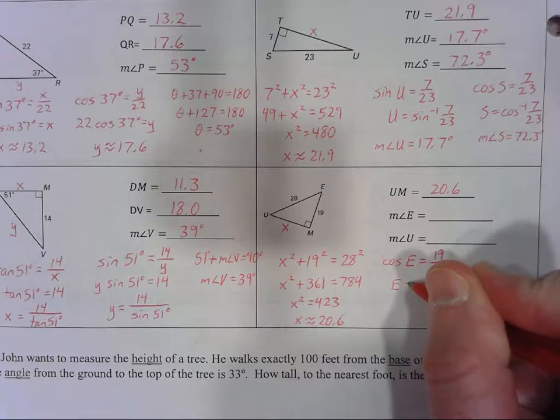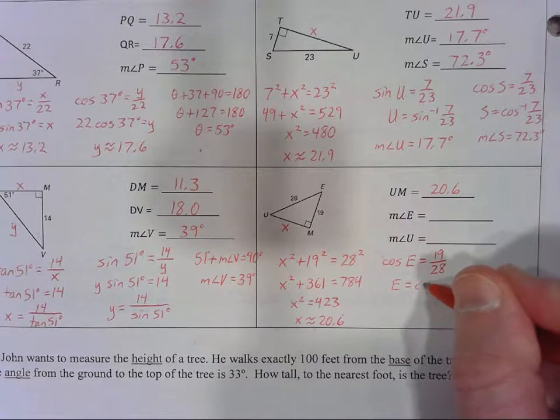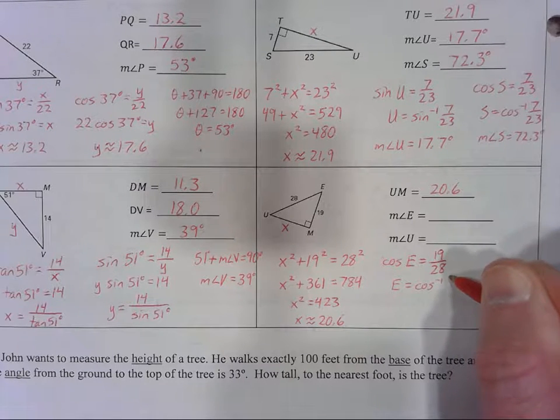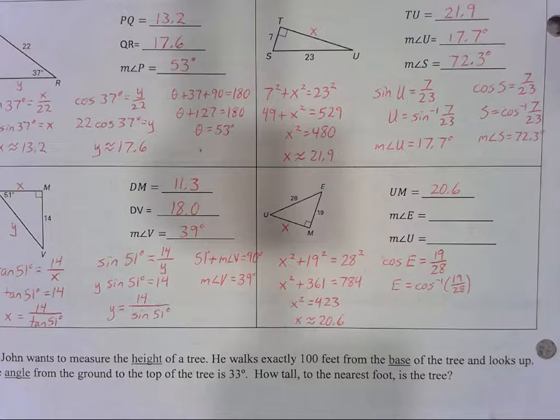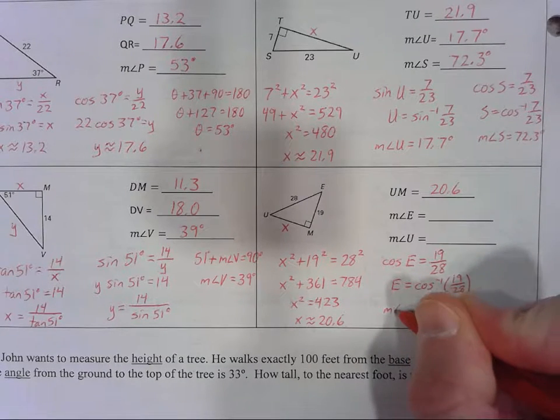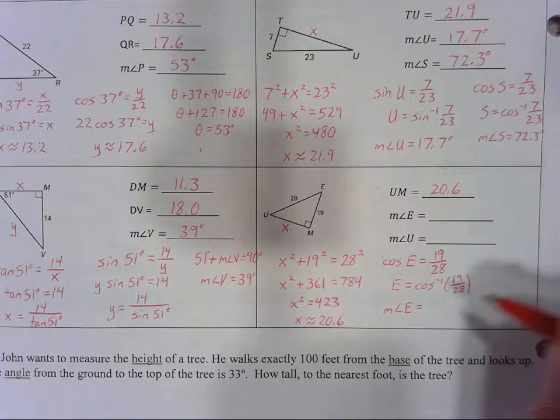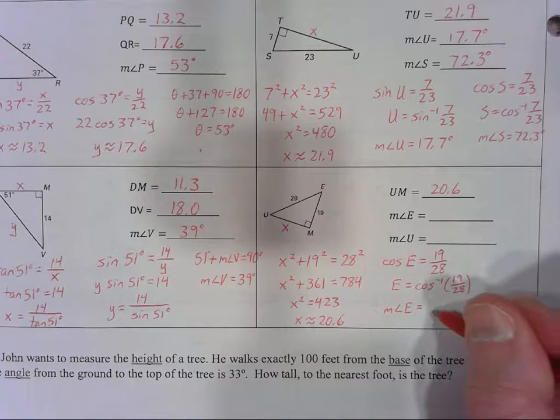So to get angle E by itself, we have to do the inverse cosine of 19 over 28. Second cosine, 19 divided by 28. The measure of angle E is equal to 47.3.